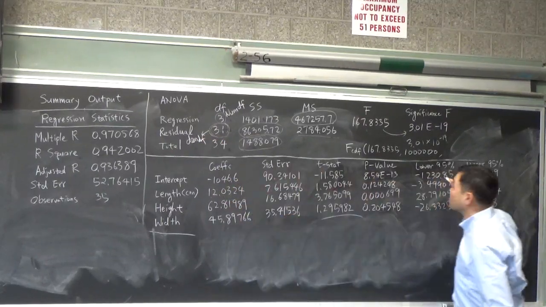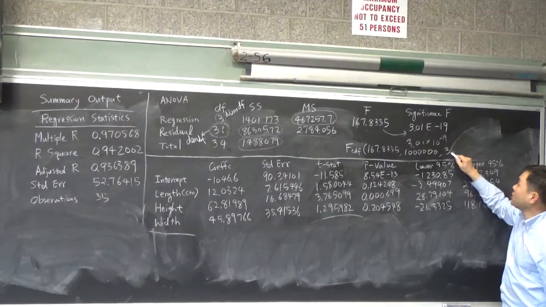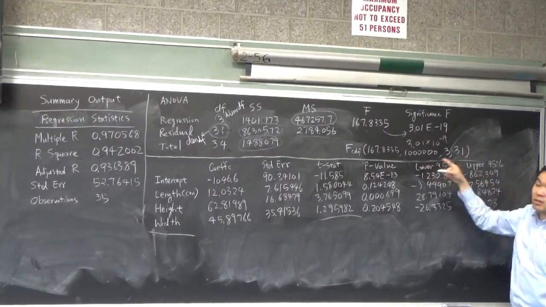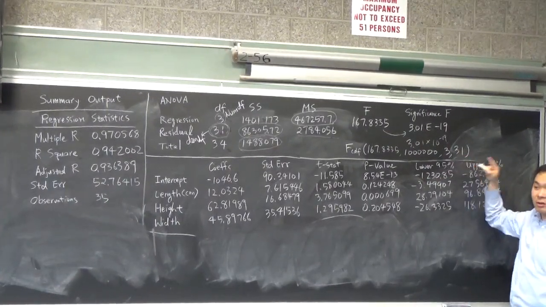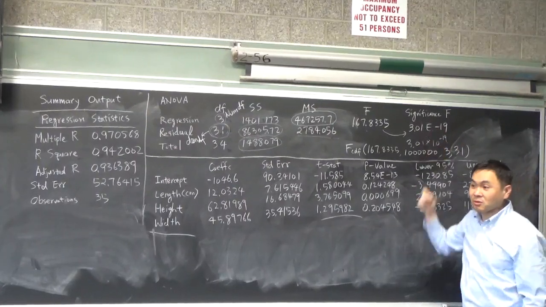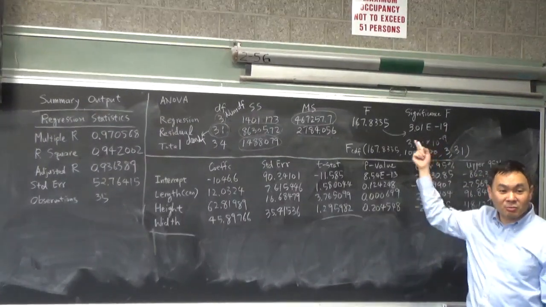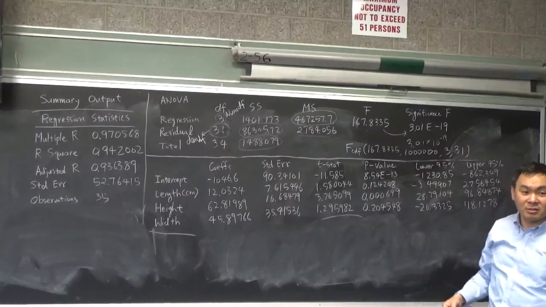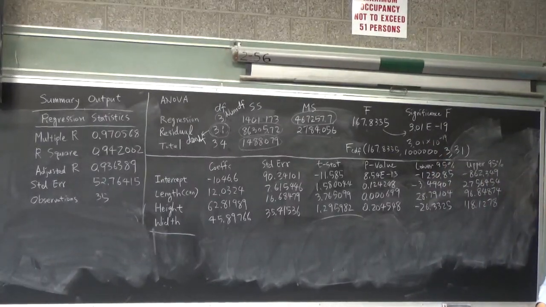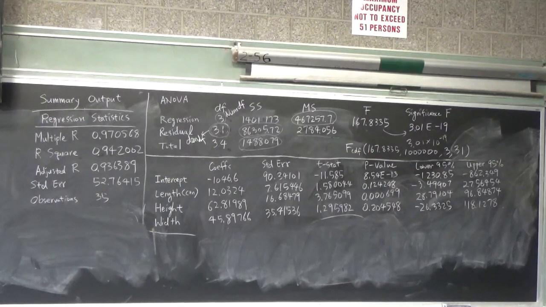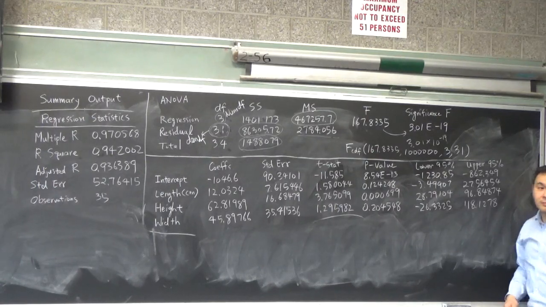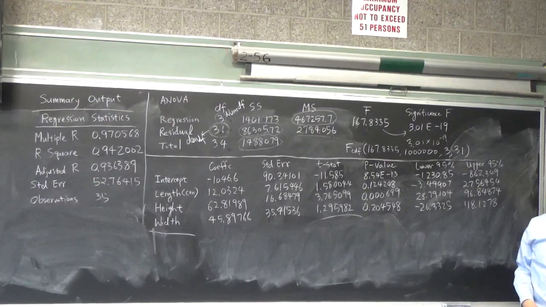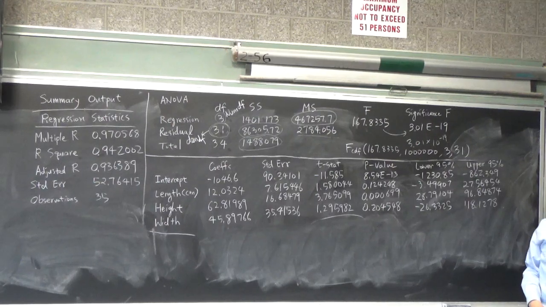So you have to put in 3 and 31, and you put this into your calculator and press enter, you're going to get this number. Can somebody verify this for me quickly? You got it? Okay.